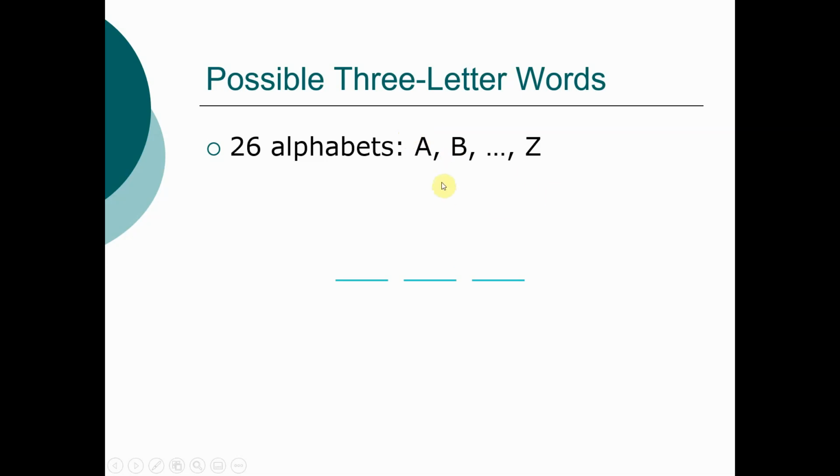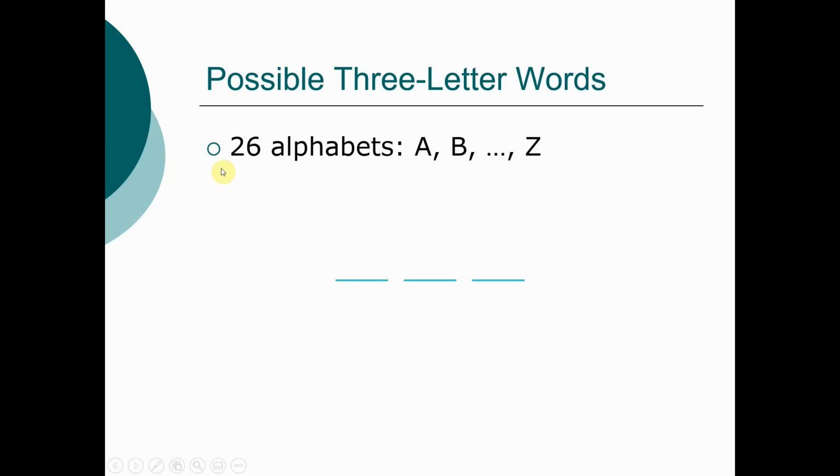If that's the case, for the first place we have 26 different options. And since repetition is allowed in this example, we again have 26 different options for the second place, and 26 different options for the third place. So for this problem, the answer would be 26 raised to power 3.